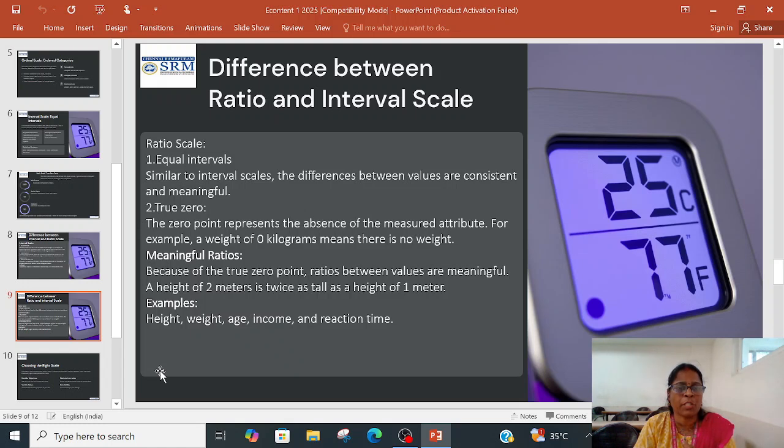Because of the true zero, ratios between values are meaningful. A height of 2 meters is twice as tall as a height of 1 meter. So likewise, we can compare the ratios here. Examples for the ratio scales: height, weight, age, income, and reaction time.